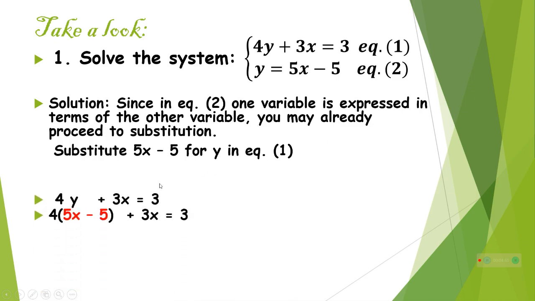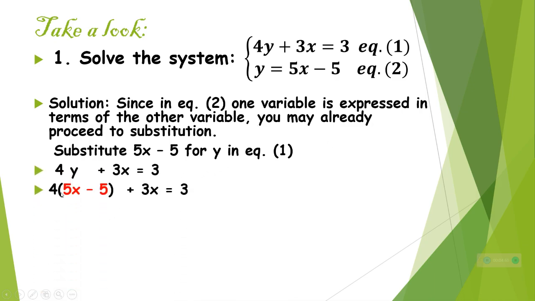So, we will have here 4 times your y, which will be replaced with 5x minus 5, plus 3x equals 3. Then you are going to use the distributive property here. So you will obtain 20x minus 20 plus 3x equals 3. Then we have to combine like terms.